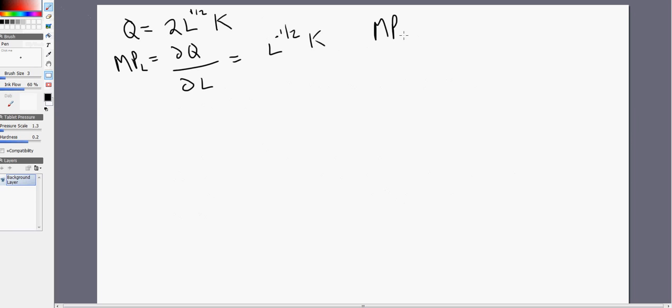And then the marginal product of capital. You're going to take the partial derivative of the production function with respect to capital, and you're just going to get 2 times the square root of labor.